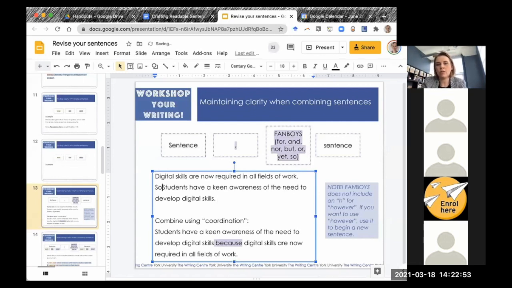Let's say we wanted to use so as an introductory transition word. So students have a keen awareness. You can absolutely do it like that, but it's just not acting as a coordinating conjunction in that sentence. Just because they are coordinating conjunctions and can act this way doesn't mean they can't act in other ways. Okay?